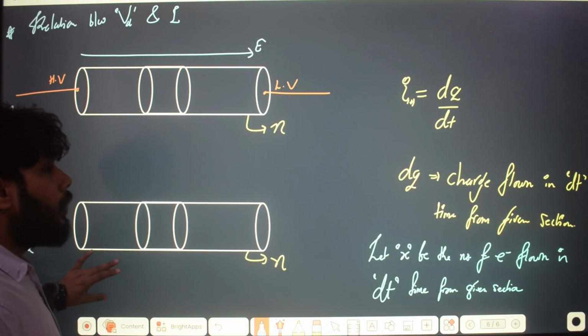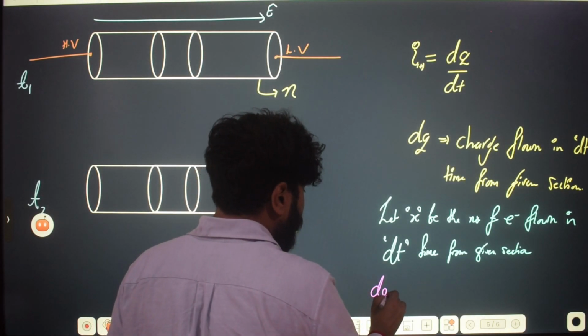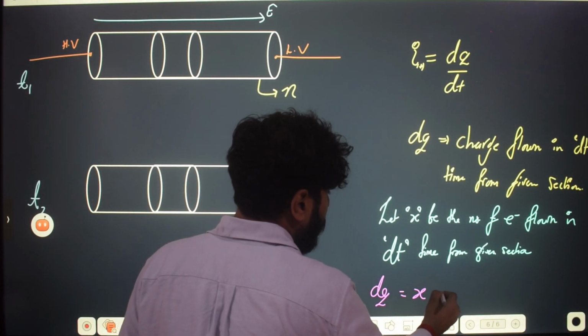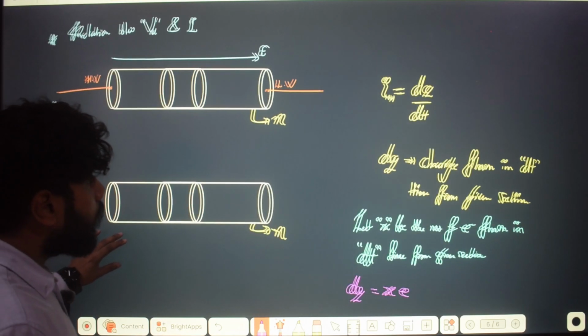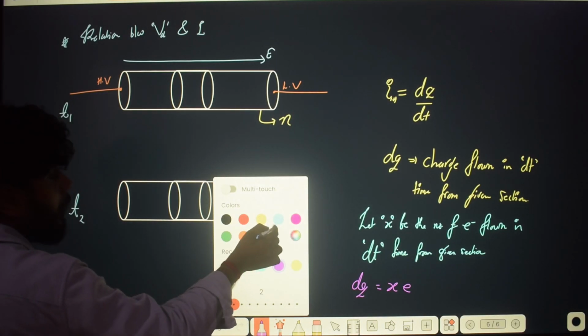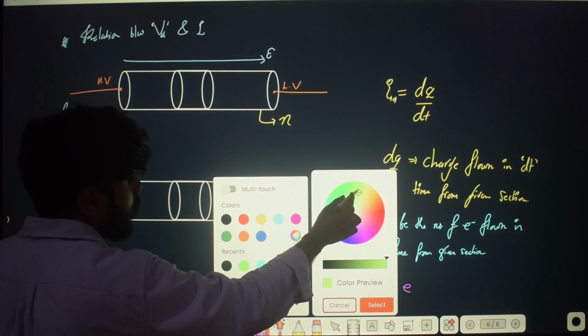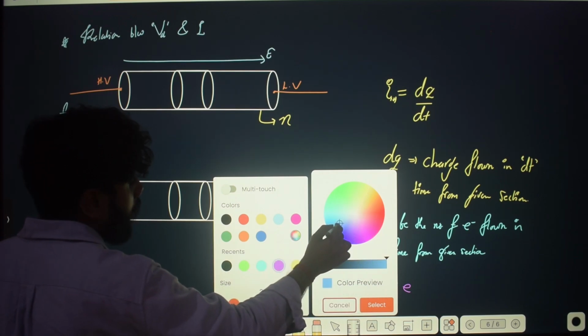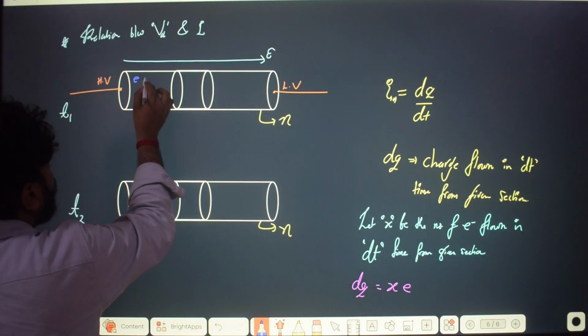Correct? So the total charge will be just what? x times e. Correct? Okay. So now the electrons, I will draw the free electrons.